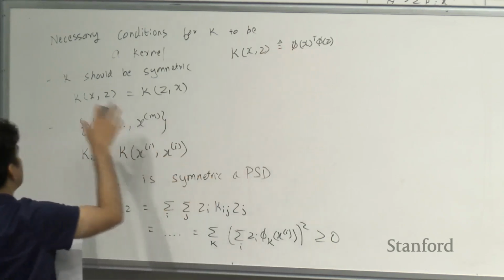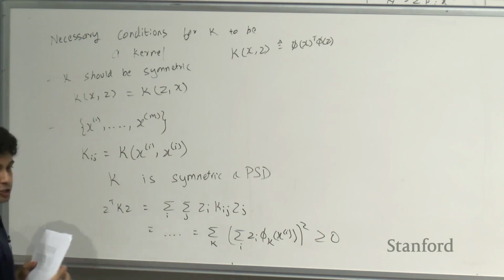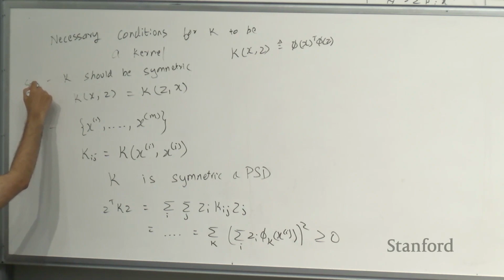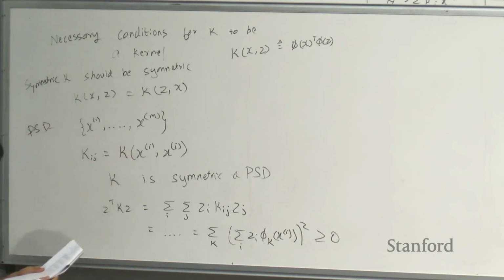And in order for any function k to be a kernel, these are the necessary conditions. The first is symmetry, and the second is the PSD condition on a set of examples.